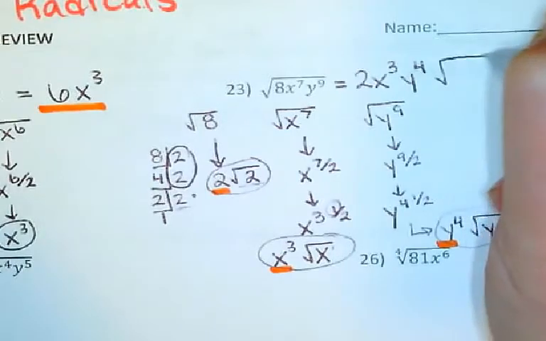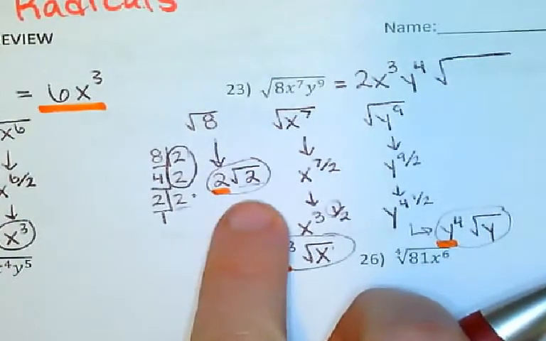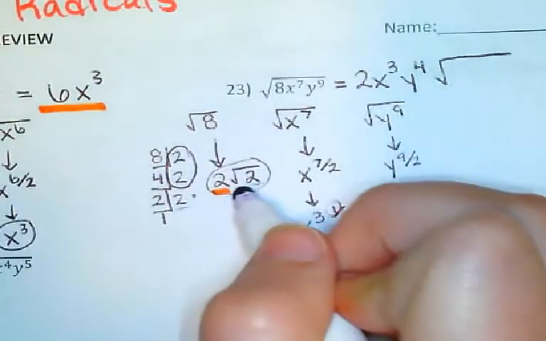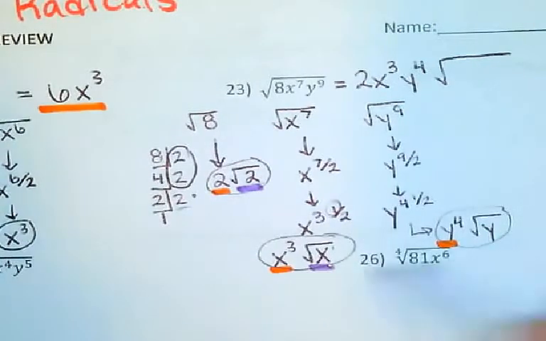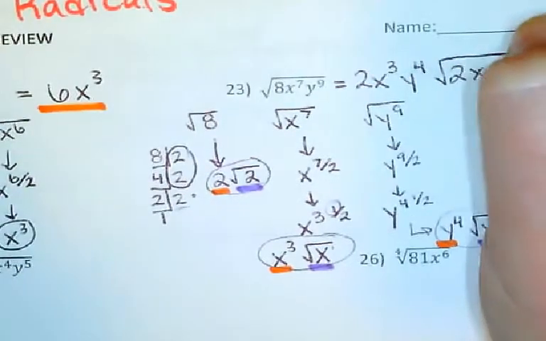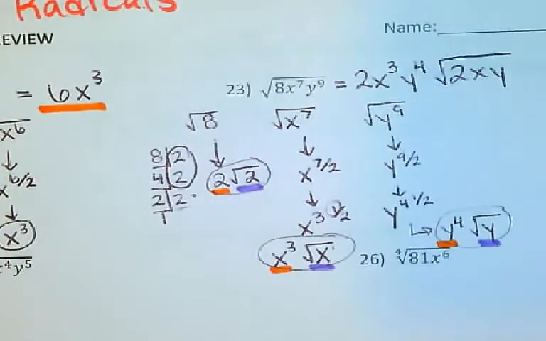And then we have these other things that were left over inside our square root sign. So then I'm going to have the square root of, I had a 2, an x, and a y that had to go back underneath the square root. So 2x and y. And there's our final answer. Alright?